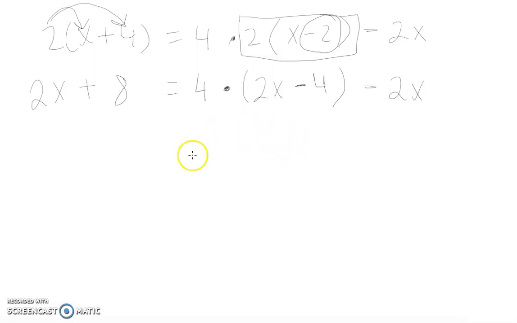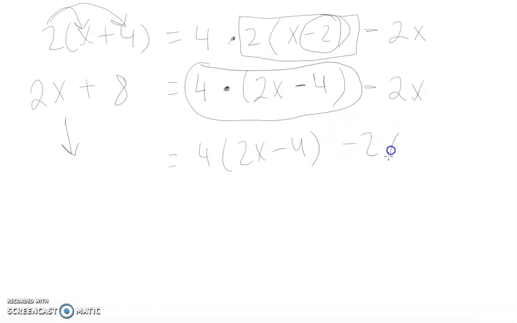Now, what you need to do is keep this, just bring it down, we'll equal it right there. You, again, now have to distribute these together. The multiplication is the same thing as having parentheses. That basically equals 4 times (2x − 4) minus 2x, which, again, we're distributing. In this case there's a number right beside the x, but it's the same thing.